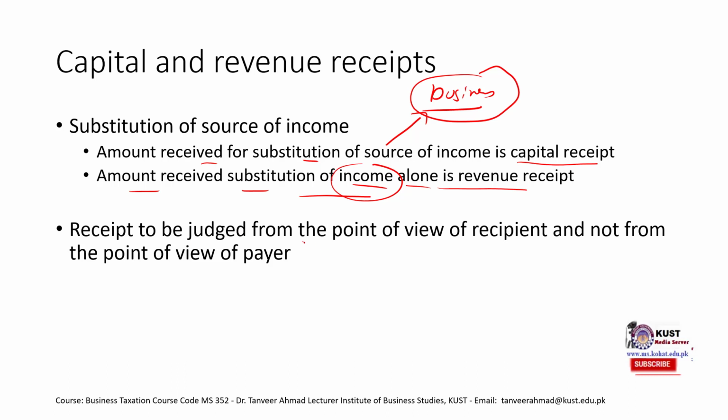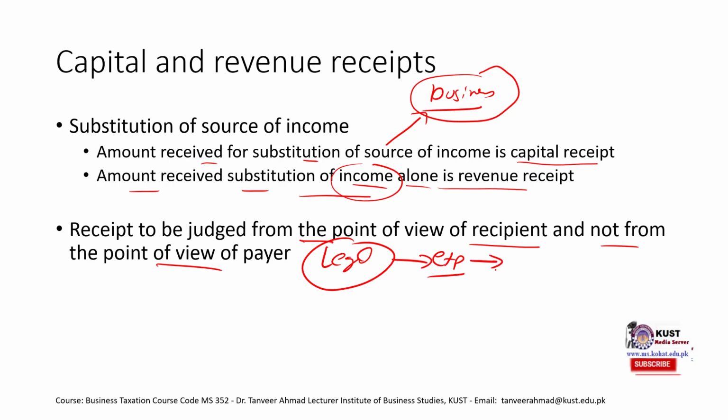Received is to be judged from the point of view of the recipient and not from the point of view of the payer. For example, let's just say we are going to start a new business and we need certain legal services. So if we pay, we incur an expense on these legal services because we are going to initiate a business.